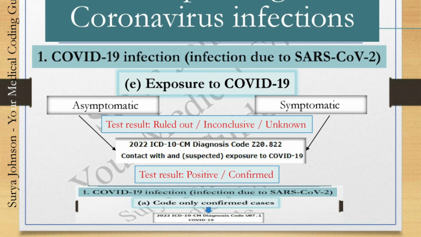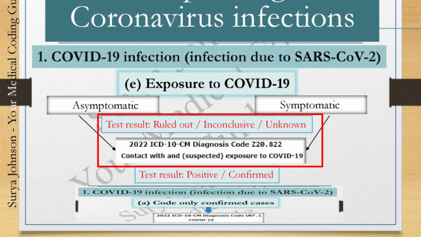So in this scenario, even if the patient is asymptomatic, that is without any symptoms, or symptomatic with symptom, if the patient's swab result states that COVID-19 is ruled out, which means there is no COVID-19, it's negative, or it's inconclusive. The lab cannot find out whether it's positive or negative, it's in between inconclusive or unknown.